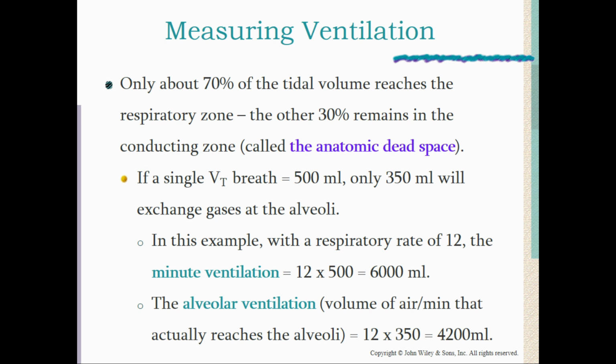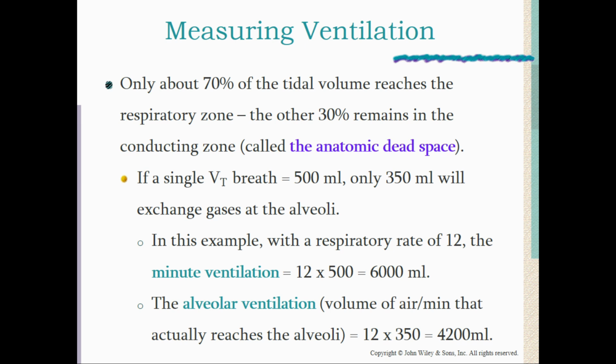If a single breath of your tidal volume equals 500 milliliters, then only about 350 milliliters will exchange gases at the alveoli. So that means 150 milliliters left over will still contain its oxygen. In this example, with the respiratory rate of 12, that would be how many breaths you take a minute.